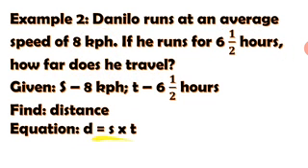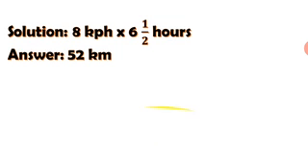So to get the distance is equal to speed times time. So 8 kilometers per hour times 6.5 hours, the product is 52 kilometers. So this is the distance that he traveled.